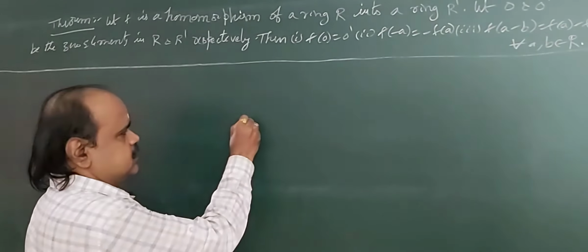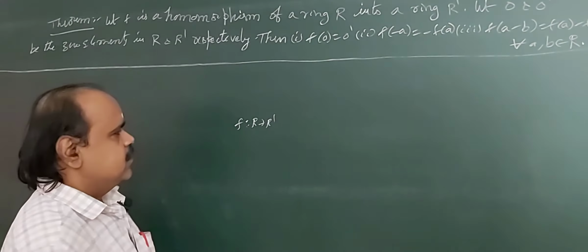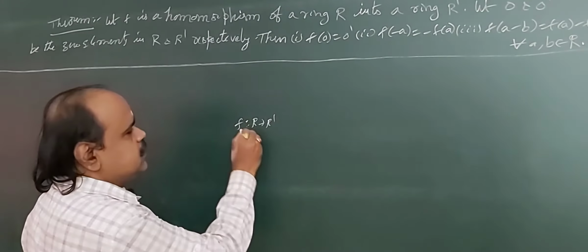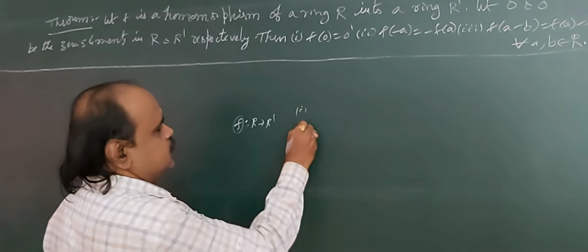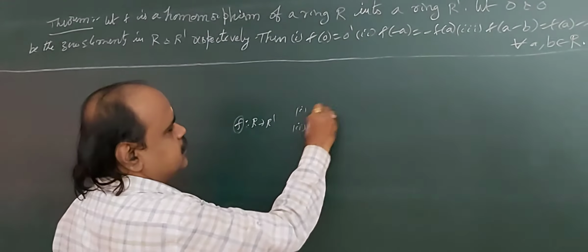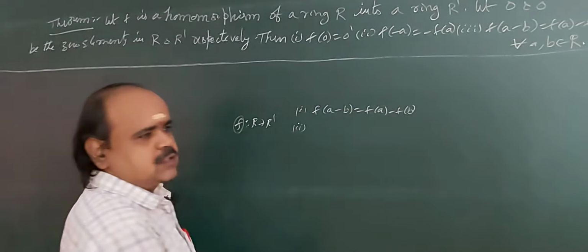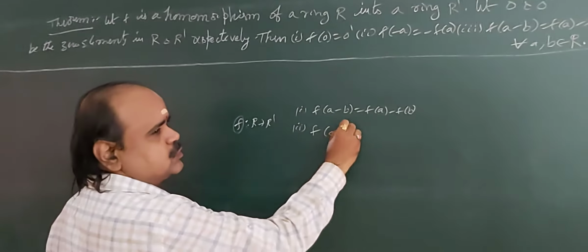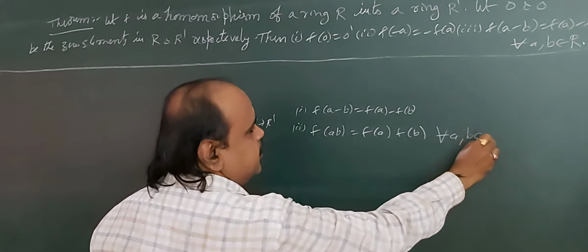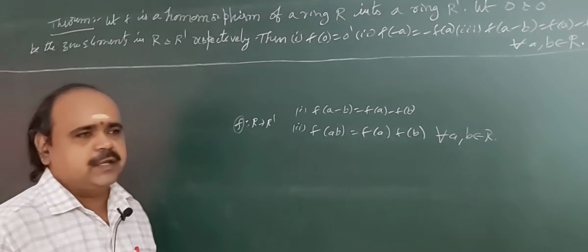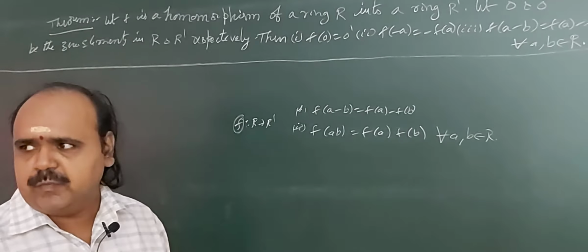Suppose small f is a mapping from a ring R into a ring R dash, then the function f is called a homomorphism if two conditions are satisfied. First, f of a minus b equals f of a minus f of b, and the second one is f of ab equals f of a into f of b for all a, b belonging to capital R. If these two conditions exist, then the mapping f is called a homomorphism.